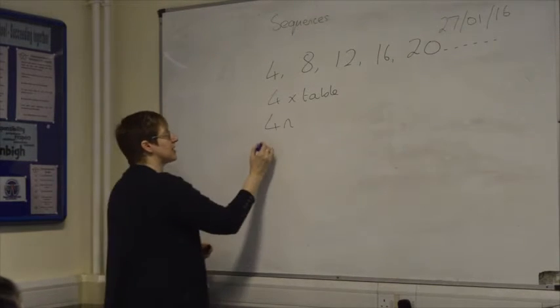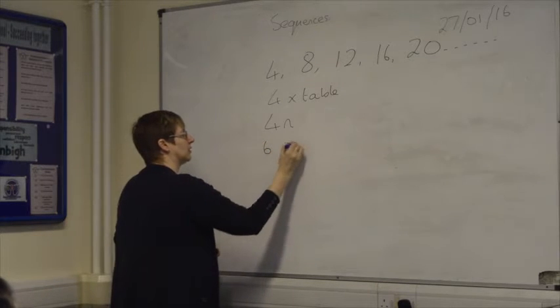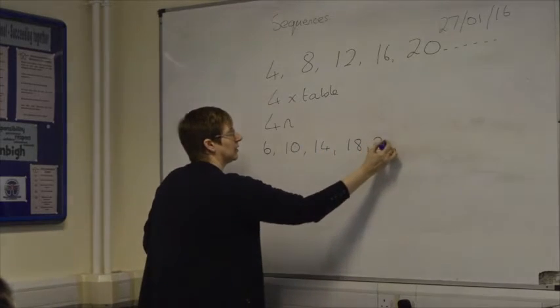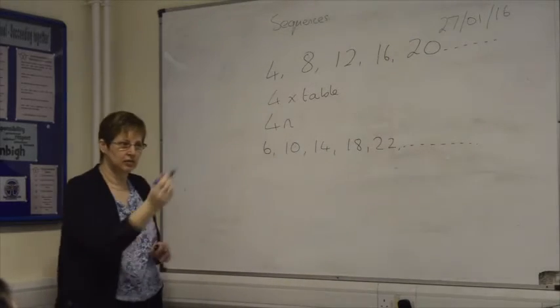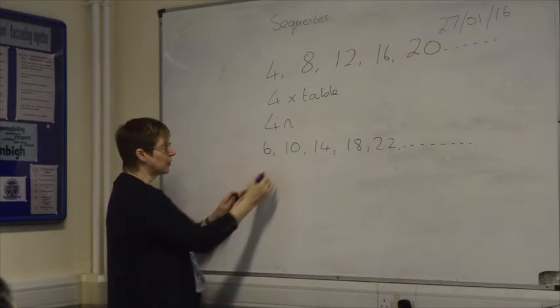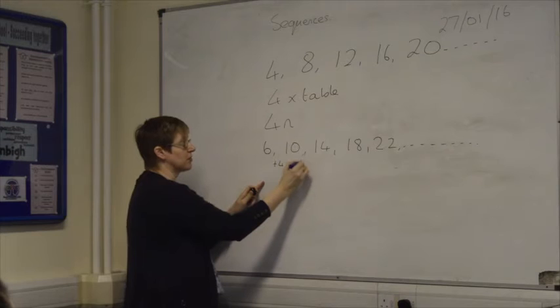But what about this sequence then? And of course that could carry on. Harini, sorry. Add 4. So it is like the 4 times table, isn't it? Because it's still going up in 4s.